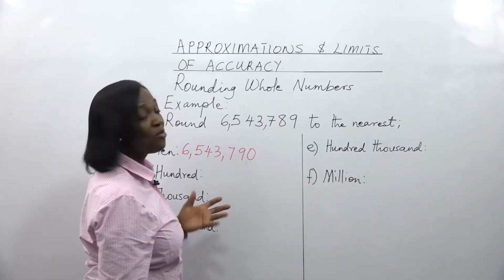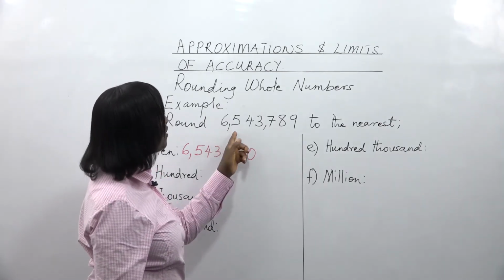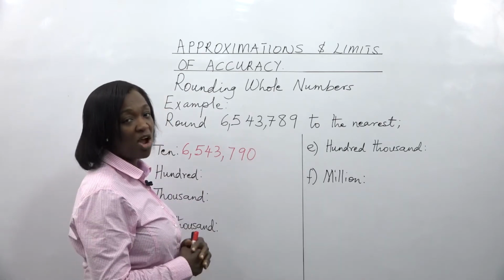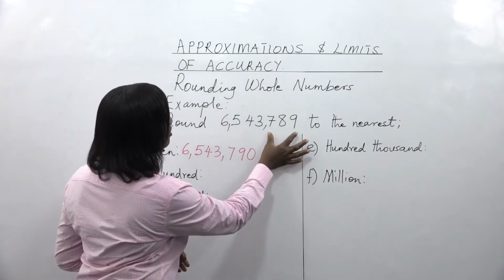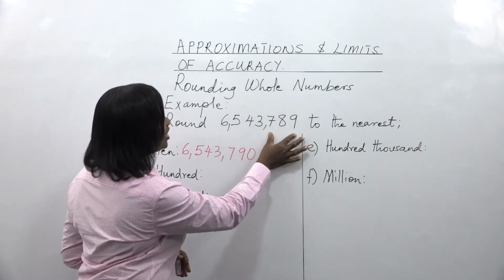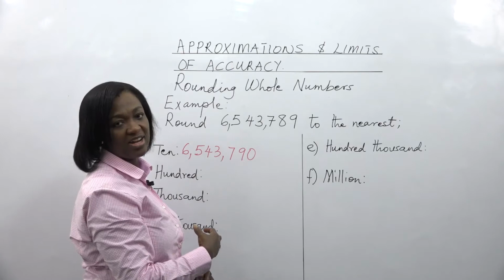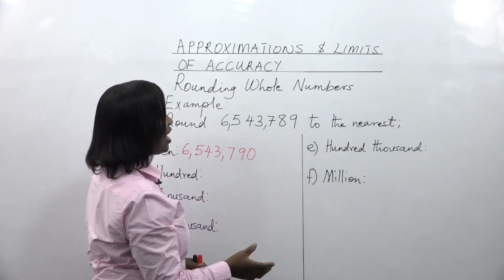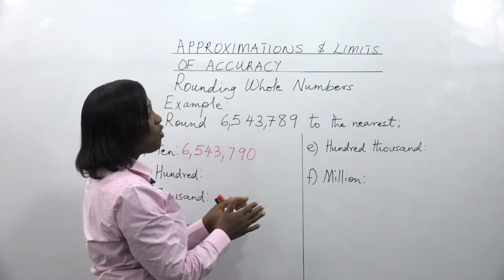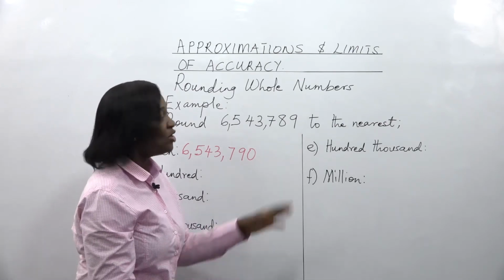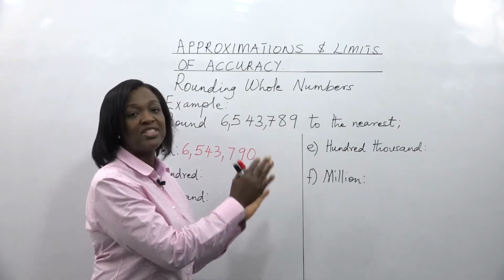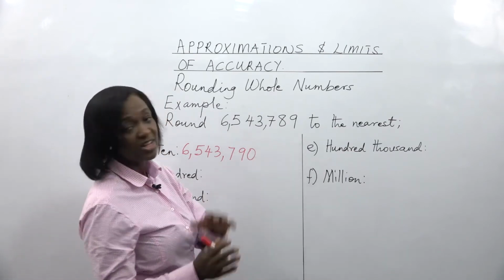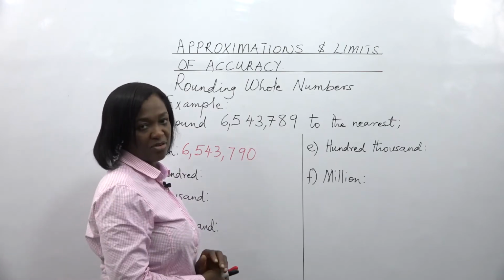Good. We want to round 6,543,789 to the nearest 100. 789 is closer to 800 than to 700. So we can look at the last 3 digits and find out which 100 it's closer to. So 789 is between 700 and 800, but it's actually closer to 800 than to 700.